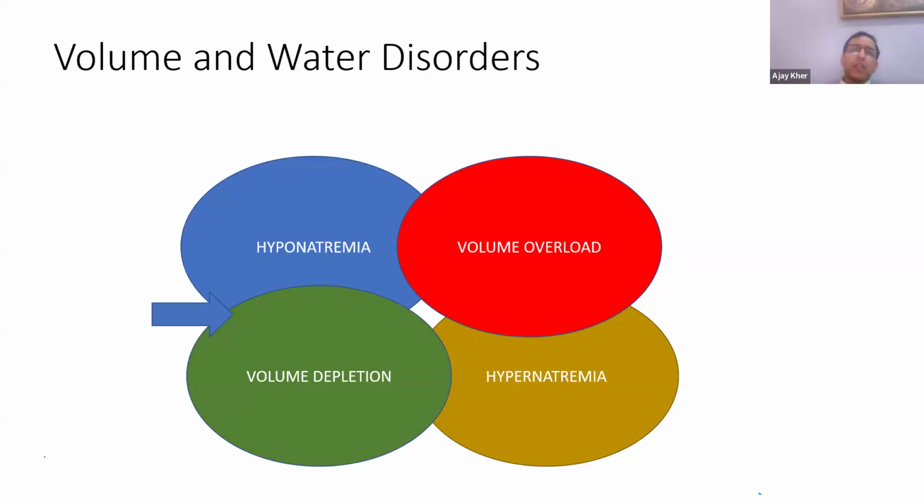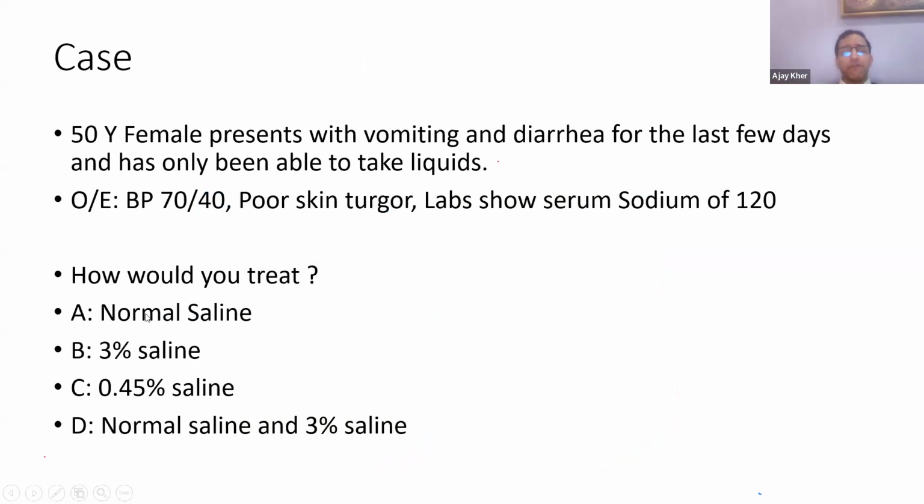As the ADH shuts down, the urine will become dilute and the hyponatremia will correct as well. So in this situation, actually just the normal saline by itself will fix both the volume and the hyponatremia once the ADH drive shuts down.